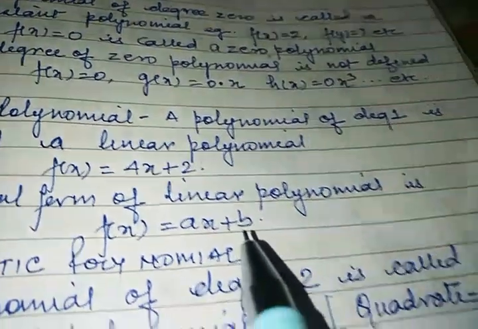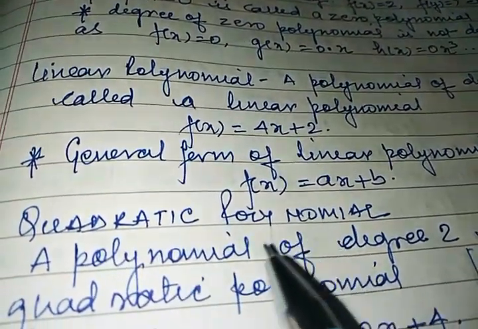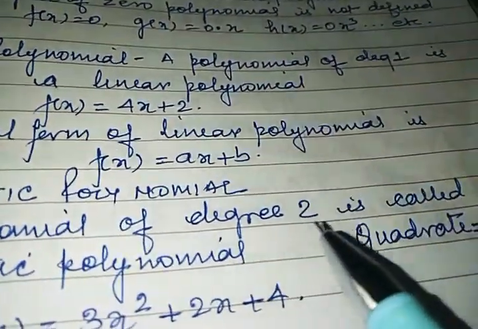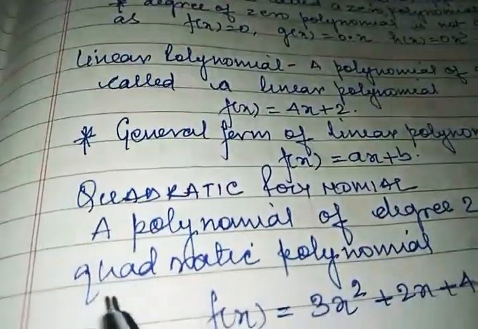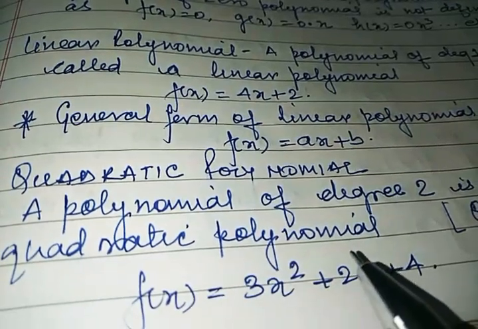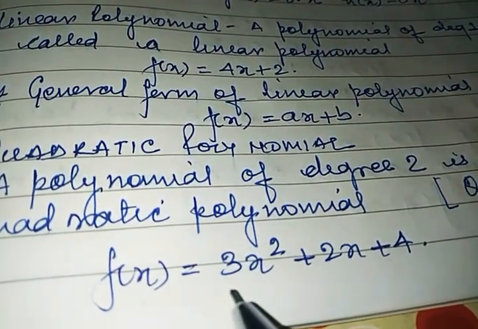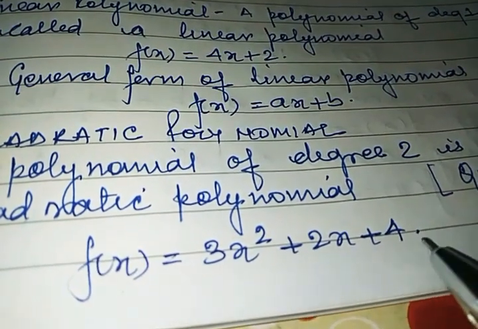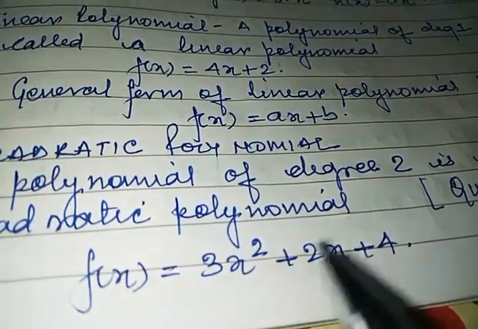In this way a linear polynomial is written. Now quadratic polynomial, a polynomial of degree 2. Quadratic means 2. So if here we have f(x) = 3x^2 + 2x + 4, see the highest degree is 2. So this is called a quadratic polynomial.